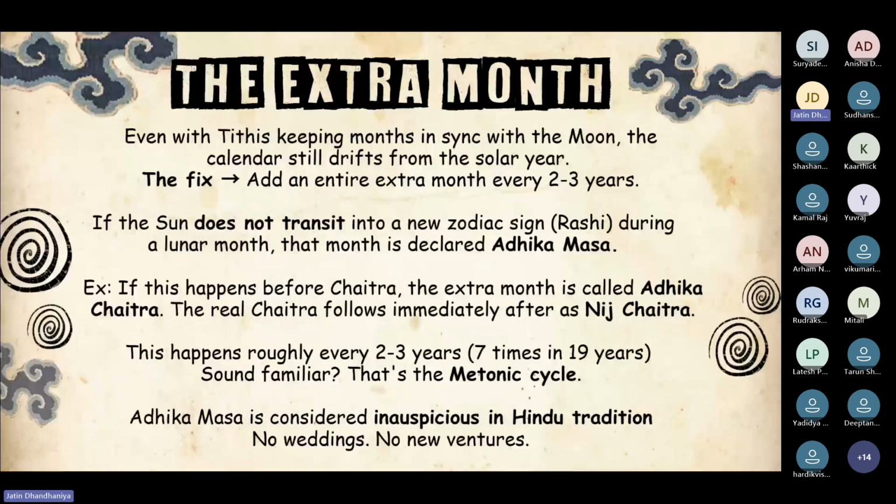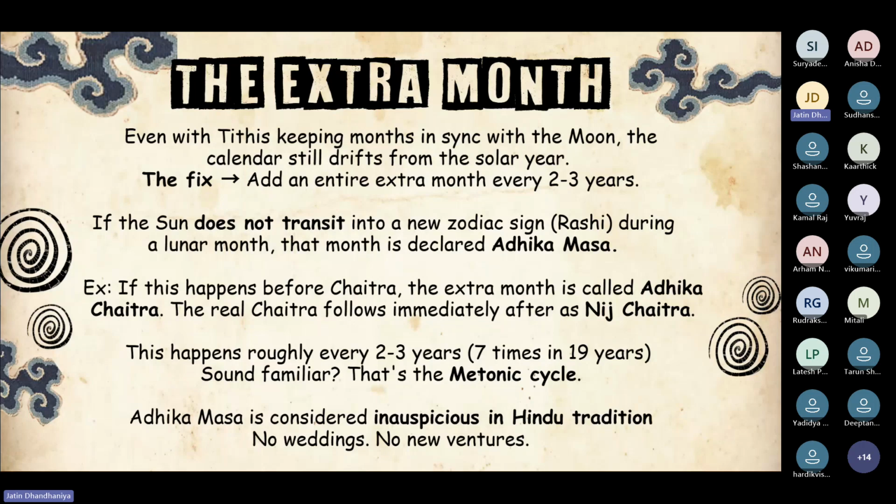The extra month. Even with Tithis keeping months in sync with the moon, the calendar still drifts from the solar year. The fix, add an extra month every 2 to 3 years. If the sun does not transit into a new zodiac sign, Rashi, during a lunar month, that month is declared as Adhik Masa.